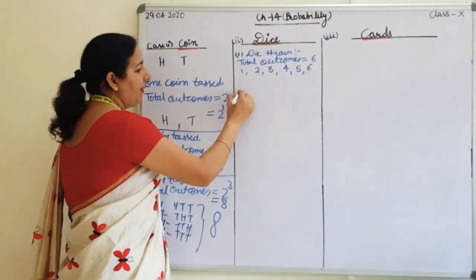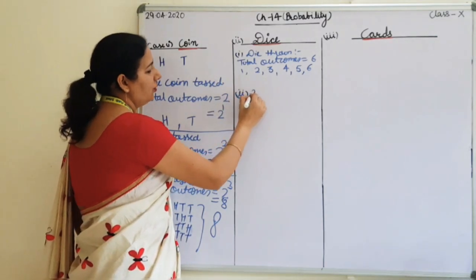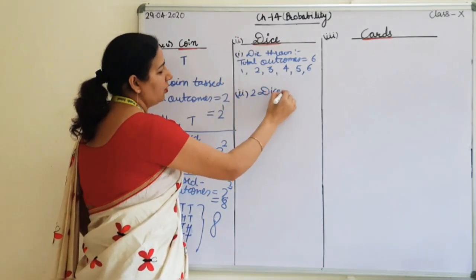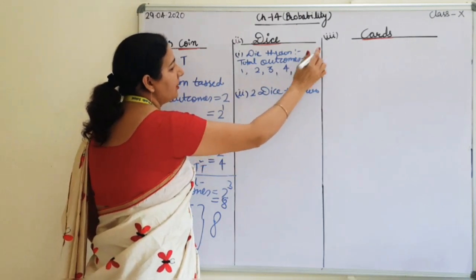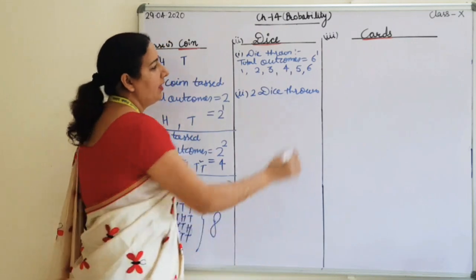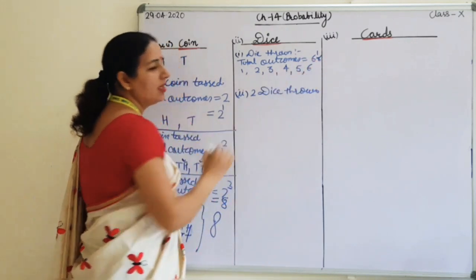Clear? Here we have written 6 because it is 6 power 1, and 6 power 1 is equal to 6.